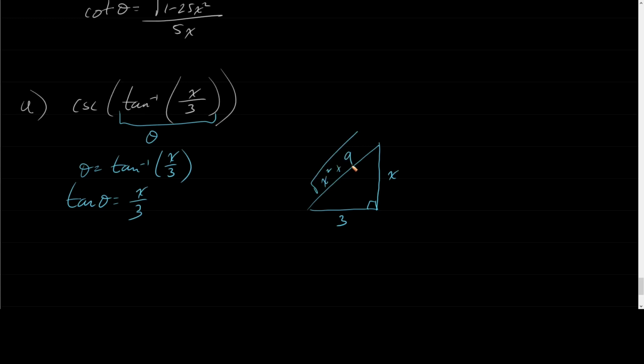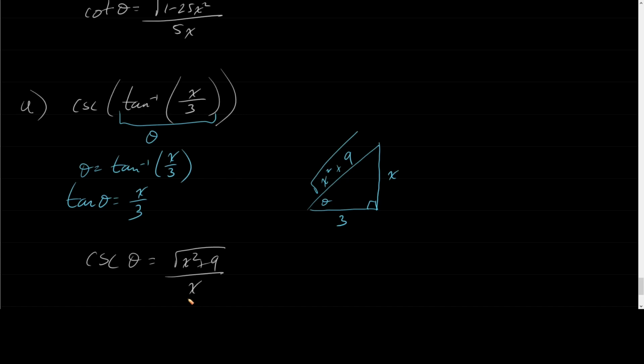Because remember, it's a squared plus b squared equals c squared. So right here is our theta. And now I can see, well, what would cosecant be? Cosecant of that angle, cosecant is a reciprocal of sine. Sine is opposite over hypotenuse. So I get the hypotenuse over the opposite.